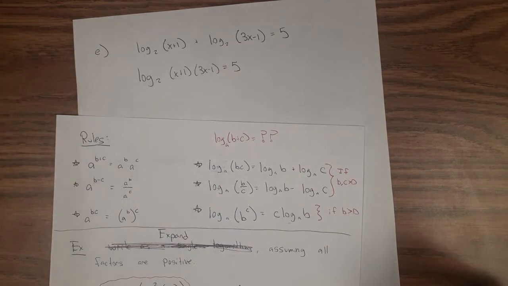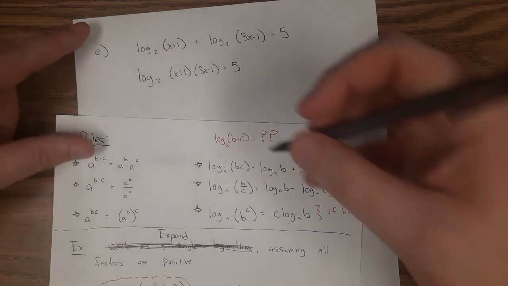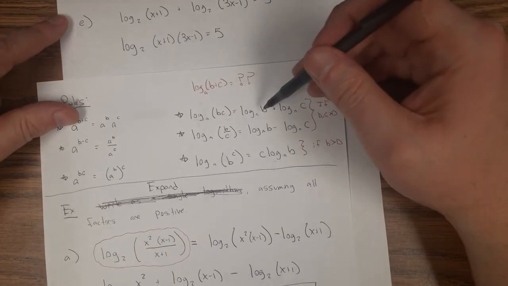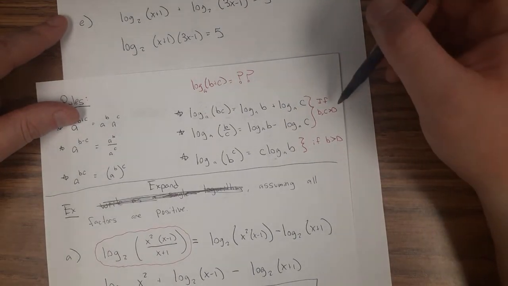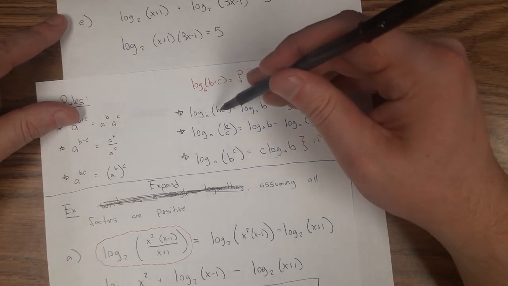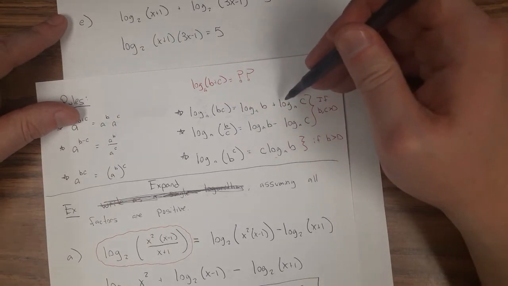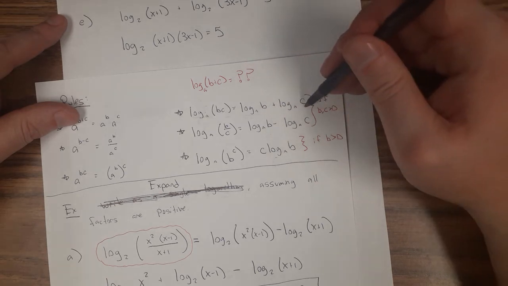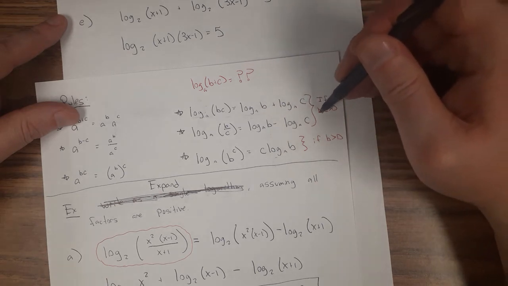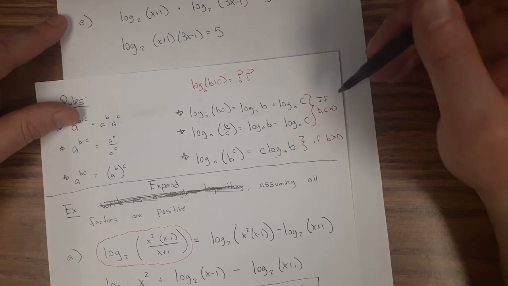And as I take that step, let me point something out here. These rules have rules that go with them. This rule that I just applied only works if the numbers that I'm doing the logarithm of, b and c, are both positive.